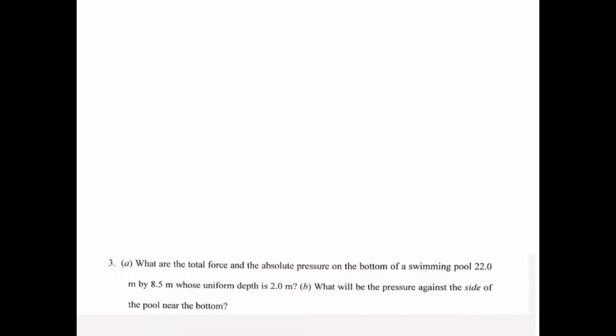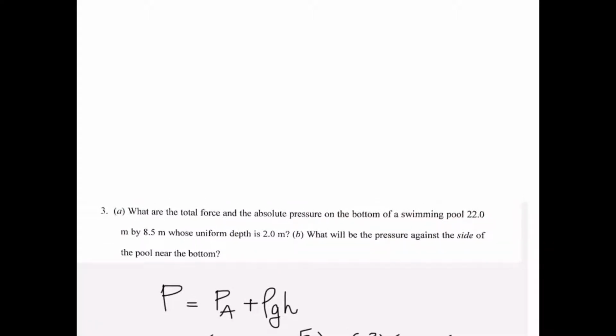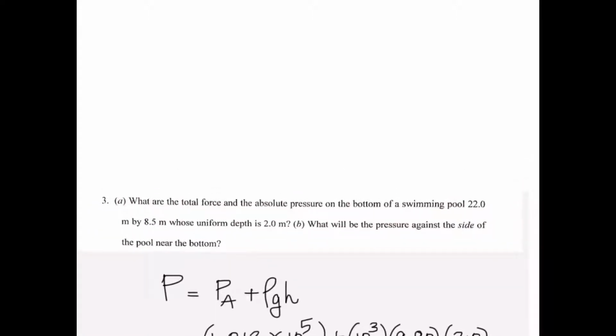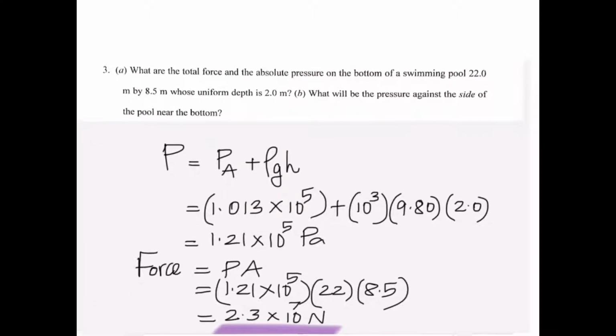Now remember that the pressure depends only on the height of the liquid and its density. And once you get the pressure, you multiply it with the area of the base, you could get the force. So that is what is being done here. And also remember that you'll have to add the atmospheric pressure with the liquid pressure to get the absolute pressure.